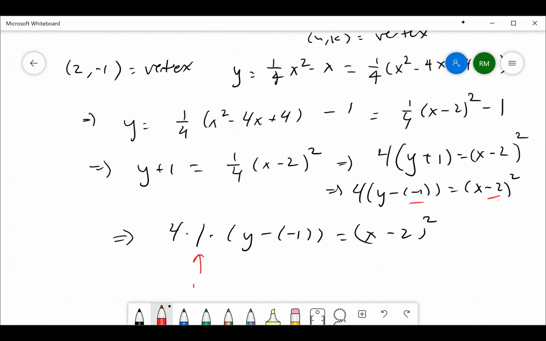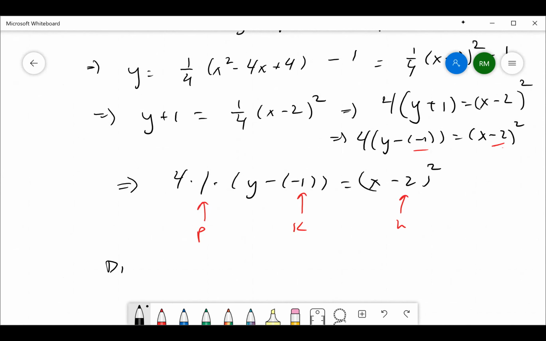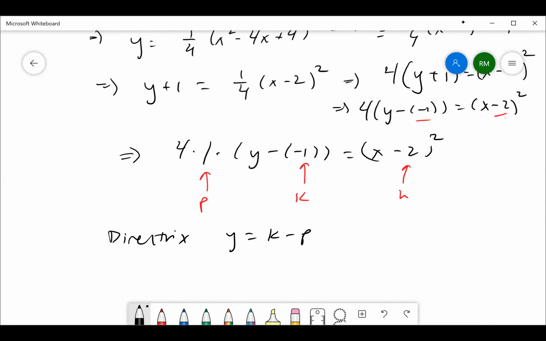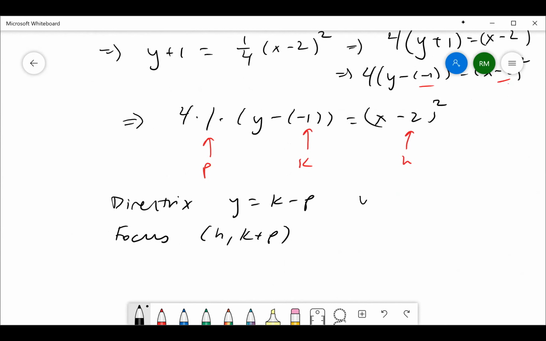That tells me that this is P, this was H, and this was K. So remember, the directrix has equation y equals K minus P, and the focus has coordinates H, K plus P. Well, that means the directrix is y equals K, which is minus 1, minus P, which is 1, y equals negative 2, and the focus is H, which is 2, K, which is negative 1, and P, which is 1. So it's at 2, 0.